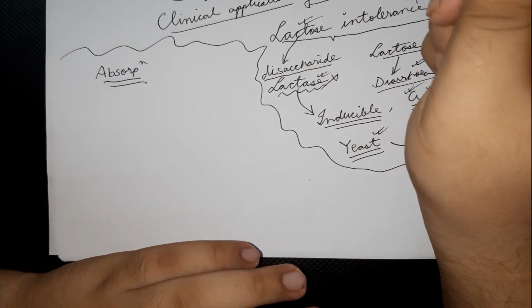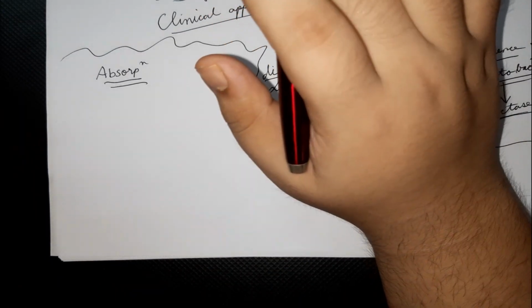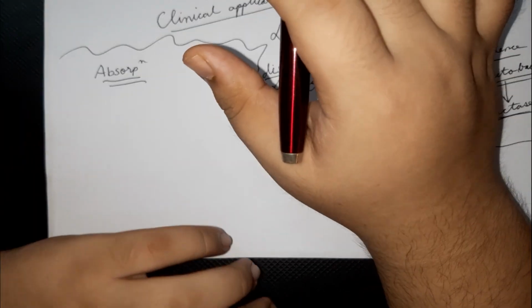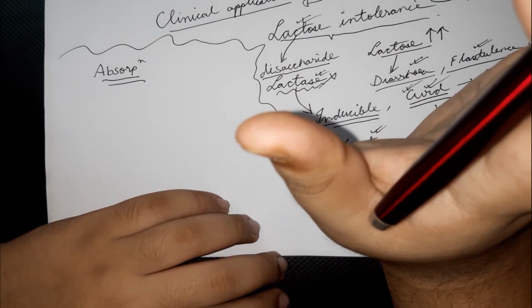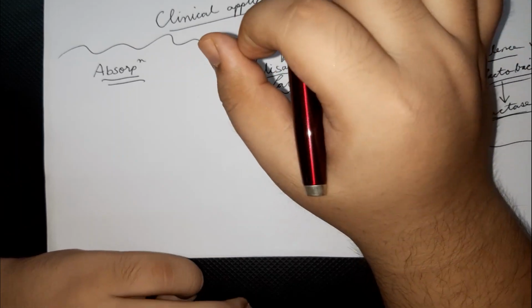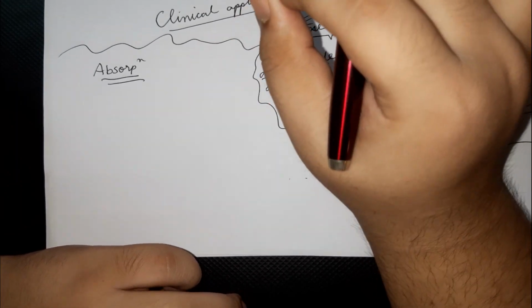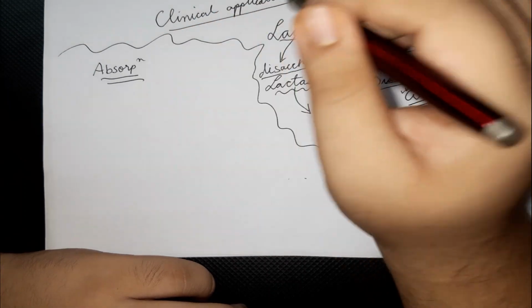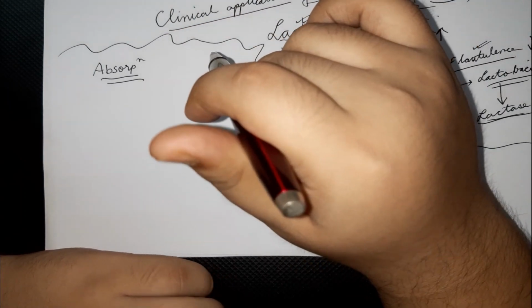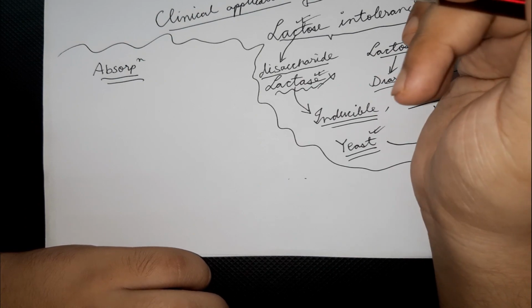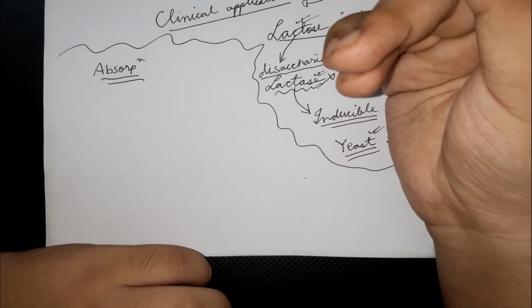See, I have already said that by the time the digestion ends, monosaccharides are the only form of carbohydrates which will remain, or at least which can be absorbed. So absorption of carbohydrates is only true for monosaccharides. Now, where are the monosaccharides absorbed?